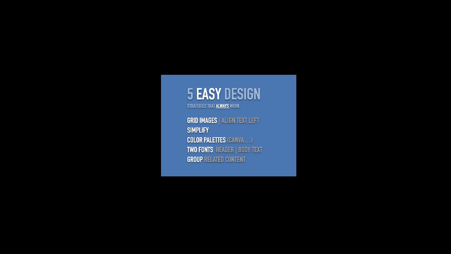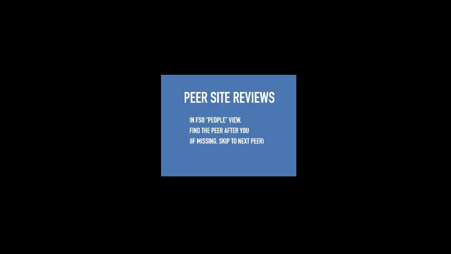And so if you get stuck, go back and look at this. We have peer reviews. So someone who has created a site is then going to have their site reviewed by one peer. So you're going to review the peer after you. Sometimes students will contact me and say, the peer after me has not submitted their assignment.